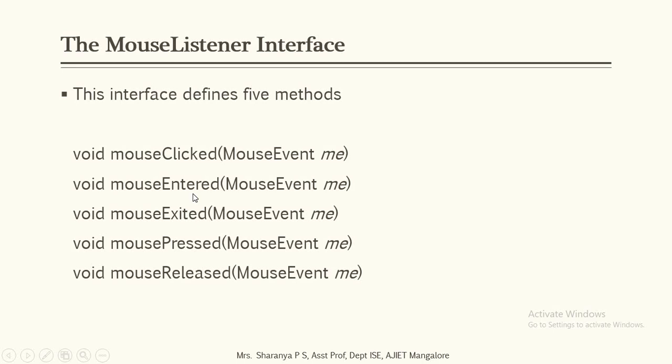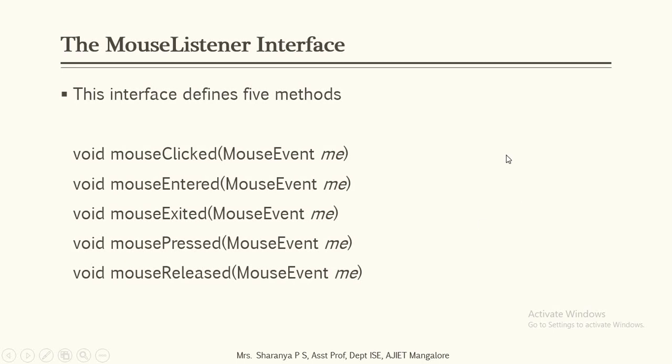And mouseEntered is a method. It will be generated if the user is moving the cursor inside the frame, that is, some box that we call a frame, and the cursor is moved inside that. In the same manner, if the cursor is moved out of that defined frame, then mouseExited will be generated.